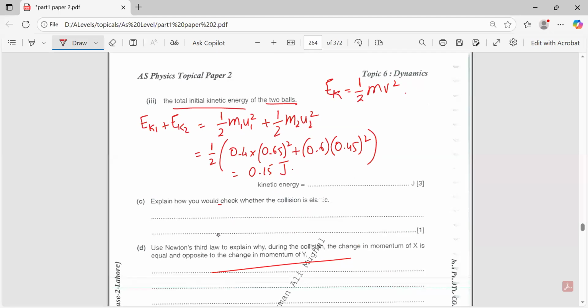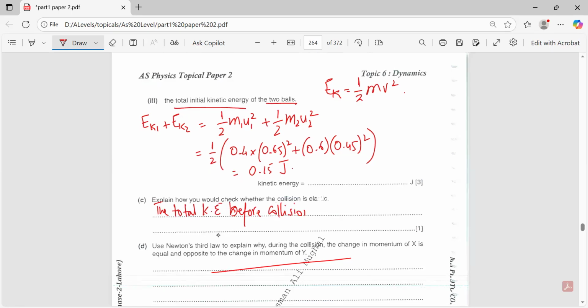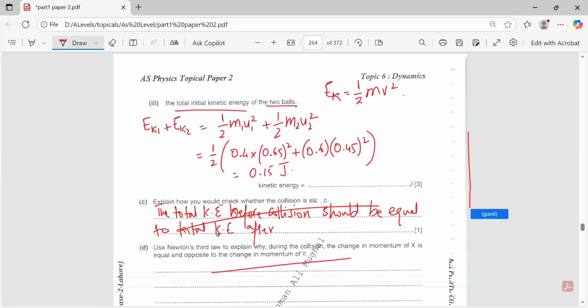The answer to this will be: the total kinetic energy before collision should be equal to the total kinetic energy after collision.